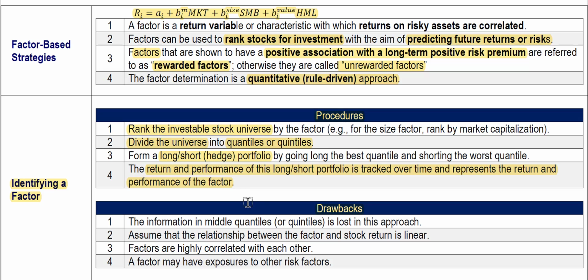So there's no truncation between them, which is not true most of the time. A lot of the time the relationship is non-linear, so you have some kind of truncation in the middle of the quintiles or quantiles.